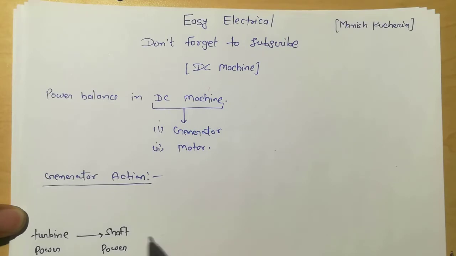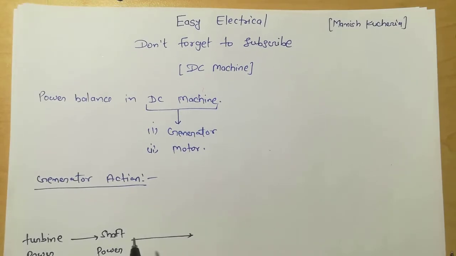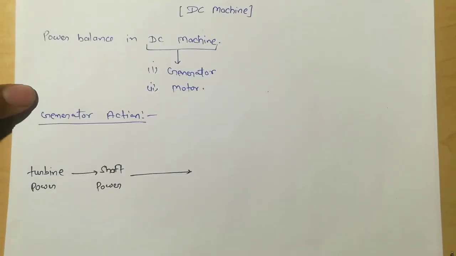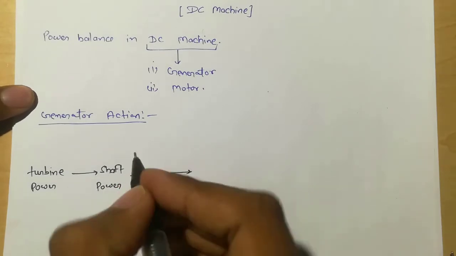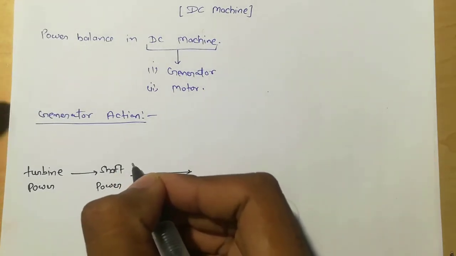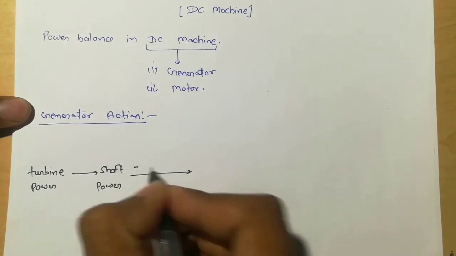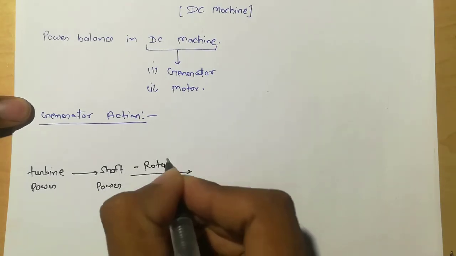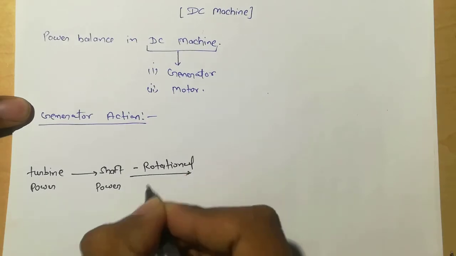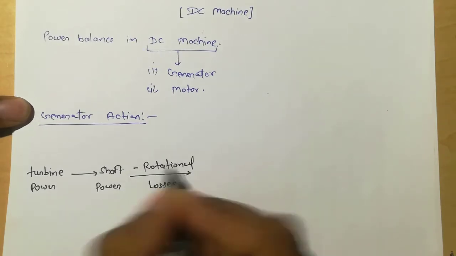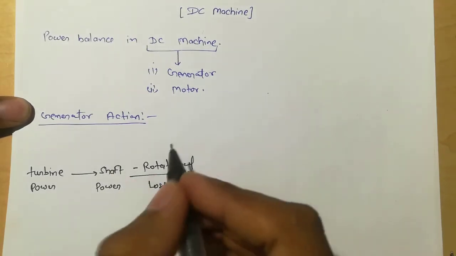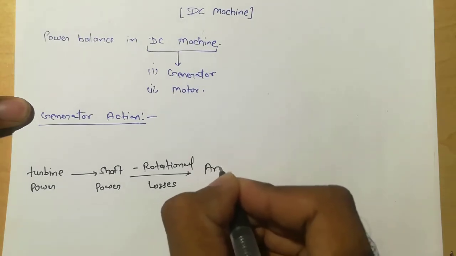Now when we reduce the rotational losses from the shaft power, we will get armature power.